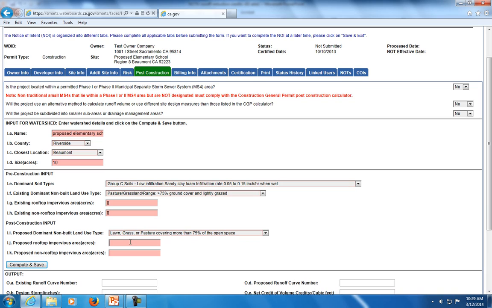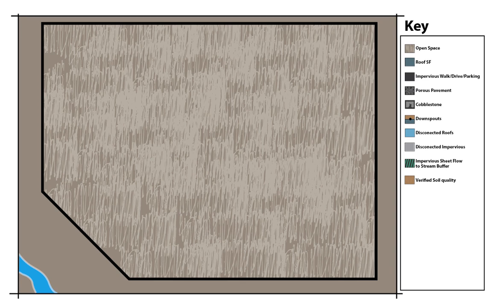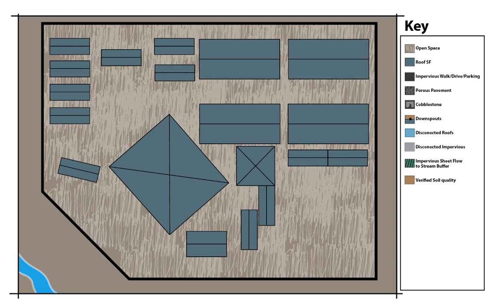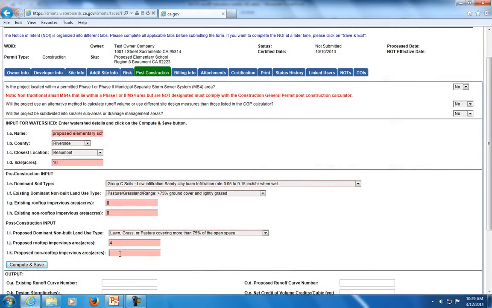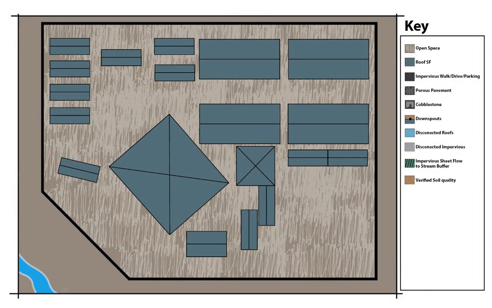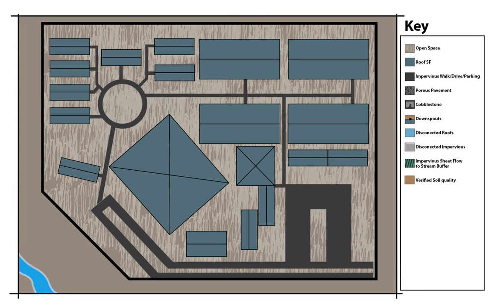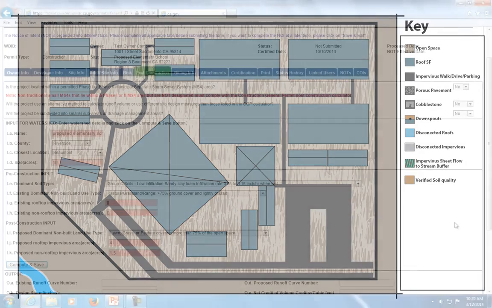And then proposed rooftop impervious area, let's say we're going to put about 4 acres of rooftop for this school project. And then a fairly large parking area of, let's say, 1.5. So we'll put that in for the non-rooftop impervious area. So that's going to represent the walkways, the parking lots, basically anything that's impervious and not associated with roofing.